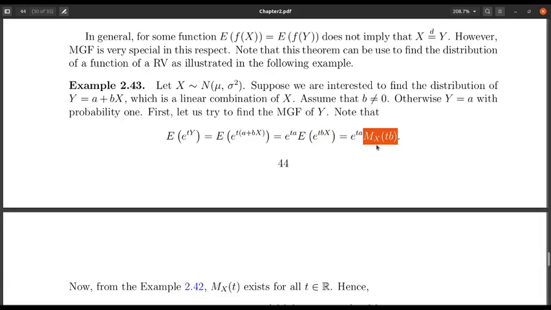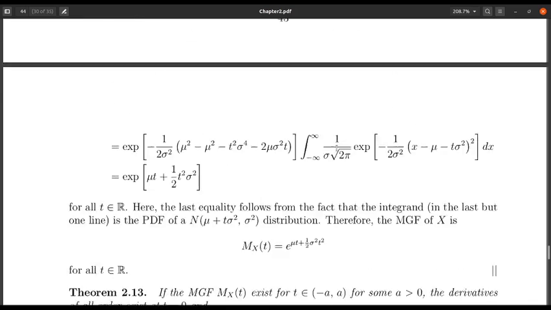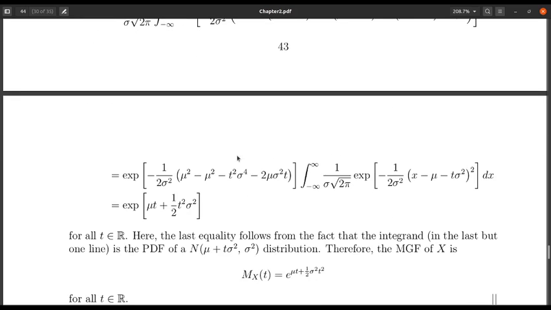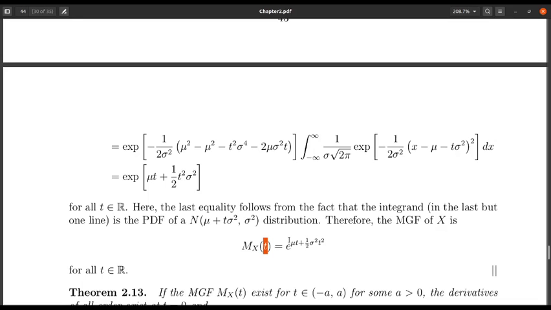Now I know the moment generating function of x, which we have already calculated. We have seen that the moment generating function for a normal mu sigma square distribution is e to the power t mu plus half sigma square t square. This is at the point t, but we now have to write it at the point tb, so all the t here will be replaced by tb.